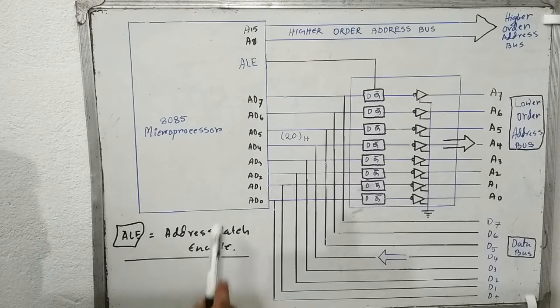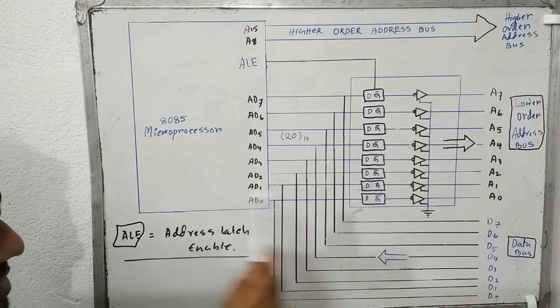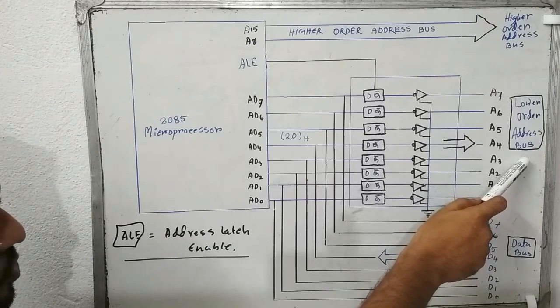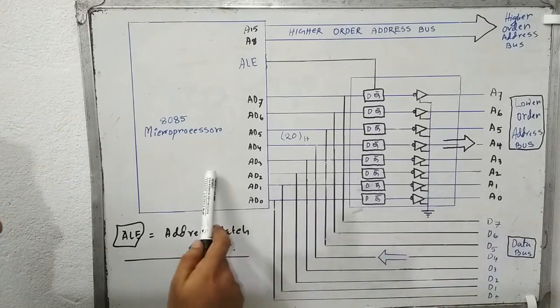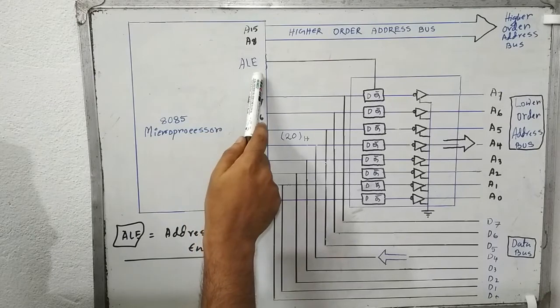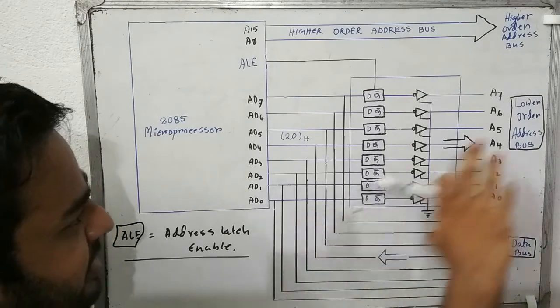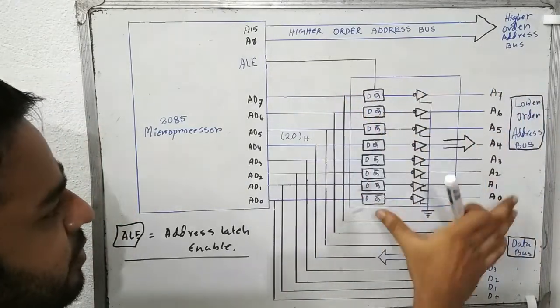As we have seen, if the microprocessor wants to convert the data bus to its lower order address bus or the lower order address bus to the data bus, it does so by generating a control signal, which is ALE. My next question is, how does the microprocessor achieve the conversion process? It achieves it by time multiplexing the data bus with the lower order address bus, that you can see over here.